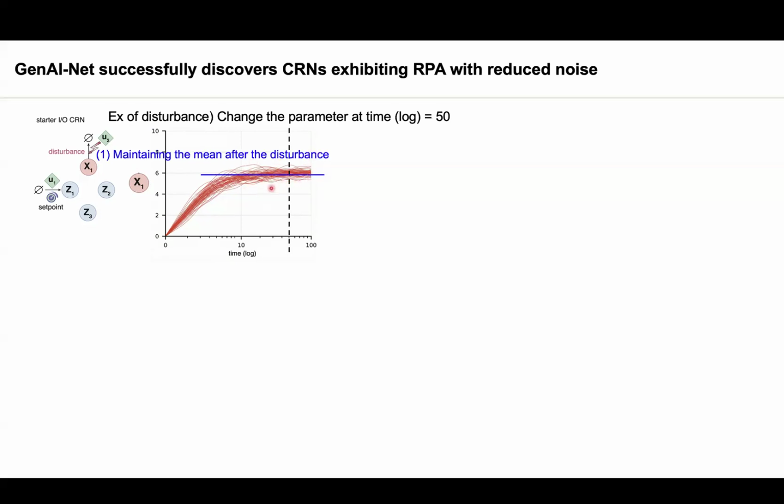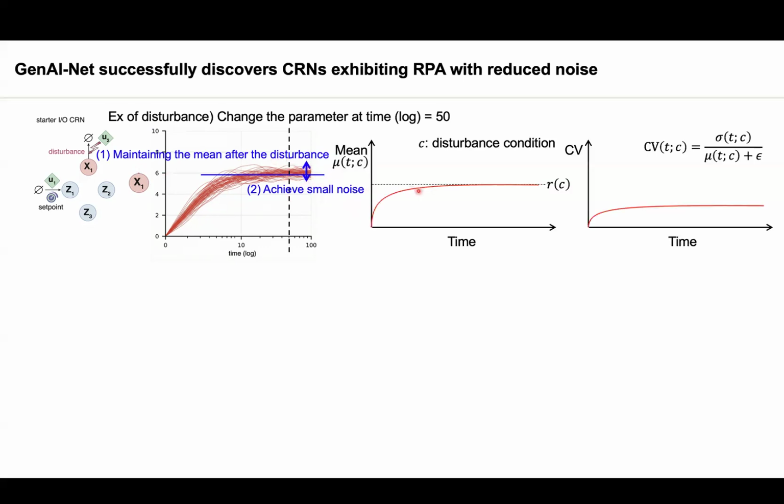And we want to keep the noise of the output small, which is graphically the width of these multiple trajectories of the output. To quantify these two things, we can calculate the mean and CV, where CV is the standard deviation over the mean.